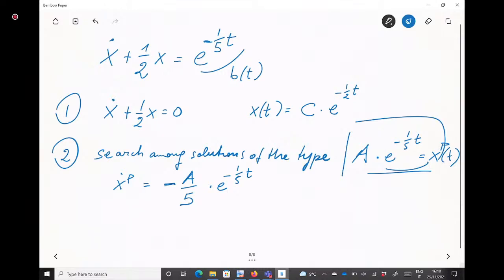Okay. Can you see that it is exactly the previous method, but now empirically, in practice, we know that when a function is like this, we have to select a family of functions by imitation of the structure of the right-hand side. In the previous case, we had a linear function, and we selected among linear functions. Now we have exponentials with this coefficient, and we select among exponentials with the same coefficient.